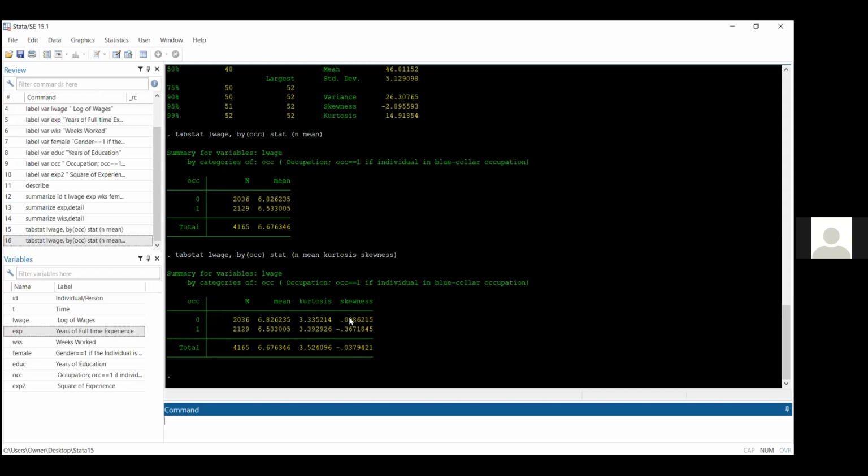And when it comes to skewness, this is very close to normal for the group which is not in the blue collar occupation, while it is negative for the other, and then the overall issue that comes for that case. Some of them are visual, like scatter plots, which you can also use to check if the distribution is normal, but I'm just doing this for demonstration.